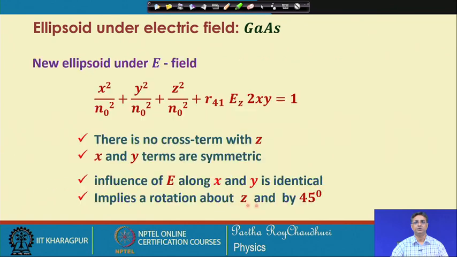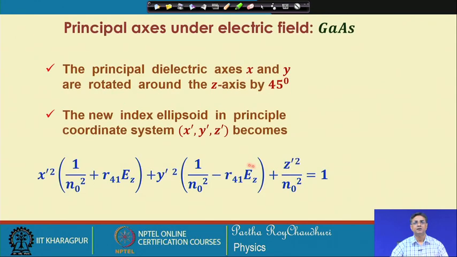So, the new ellipsoid, as I just mentioned, requires a rotation by 45 degree about the z axis, and the influence of E along x and y is identical. Okay.